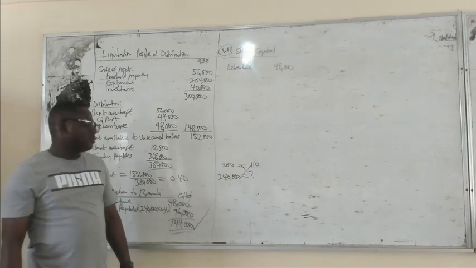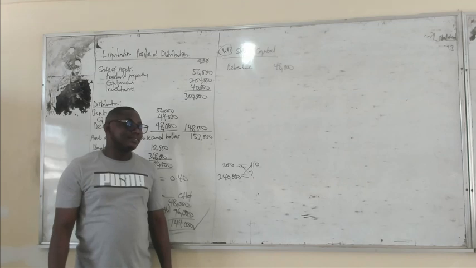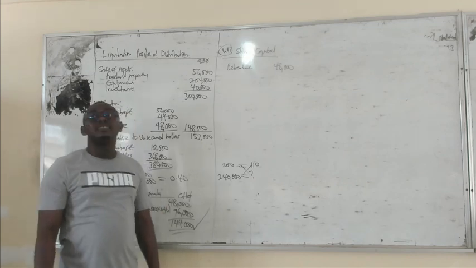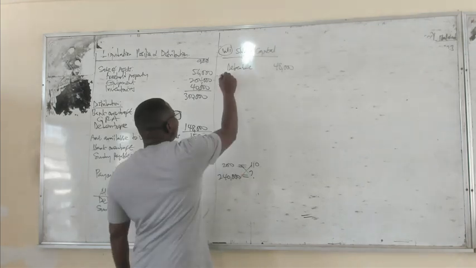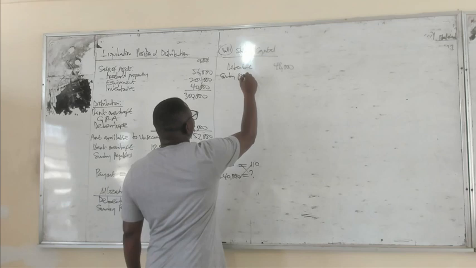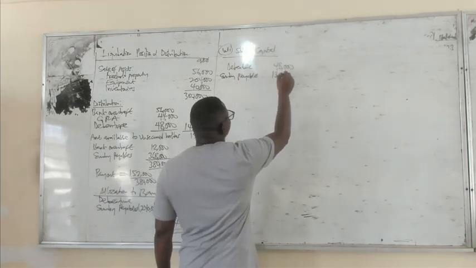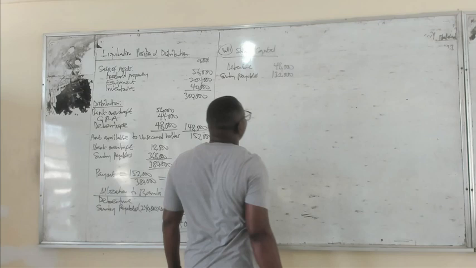So please just apply the example. You had 240,000. The answer is 132,000. So the sundry payables will now be converted to 132,000 shares, at 1 cedi each, so it will be 132,000 Ghana cedis.